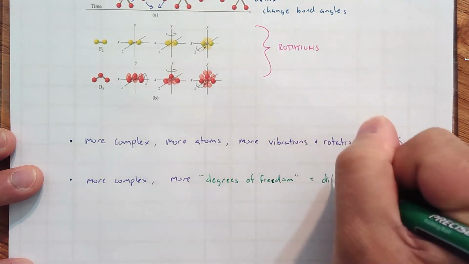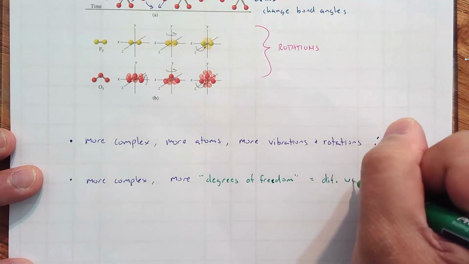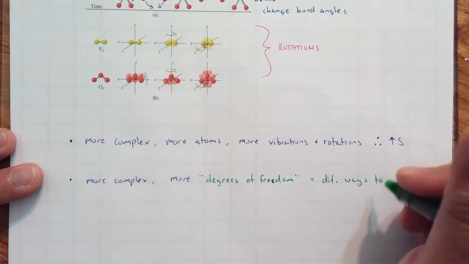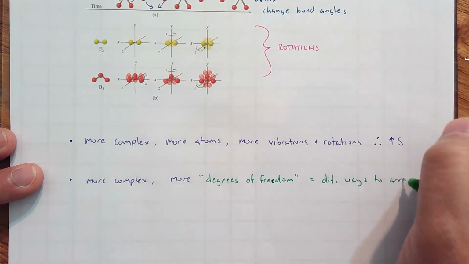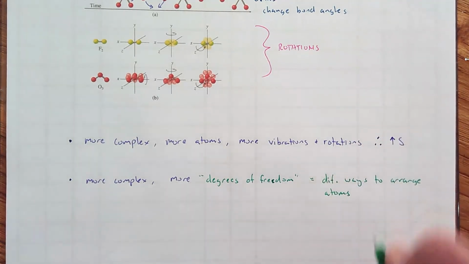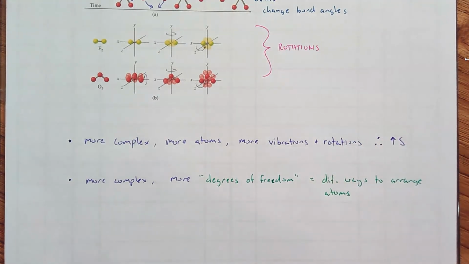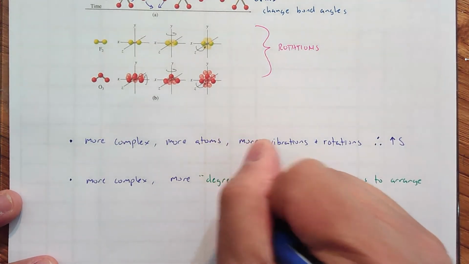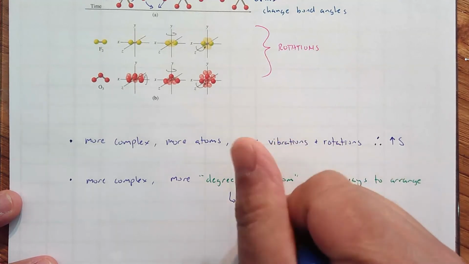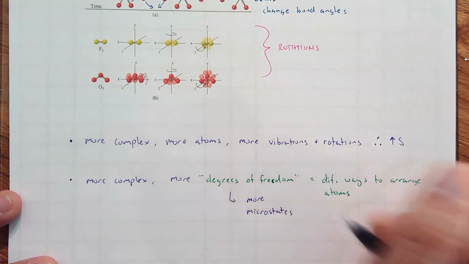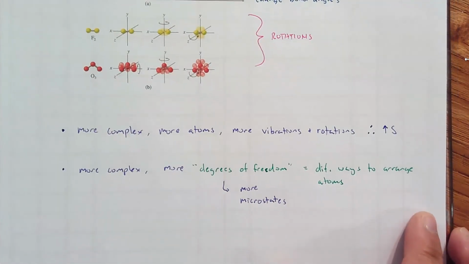That equals different ways to access different energies, different ways to arrange atoms. And along with this idea of degrees of freedom, this means more, we've discussed this before, more microstates. Okay.